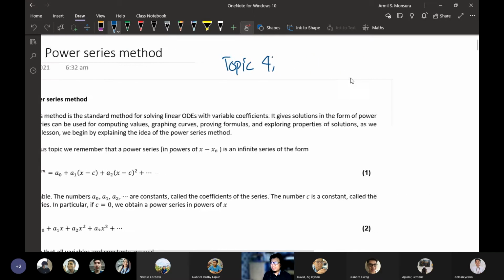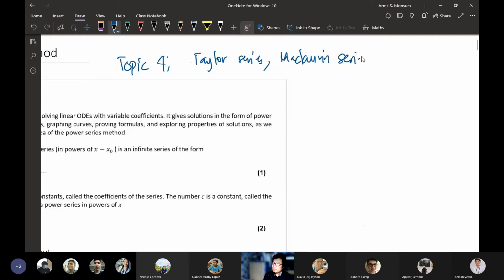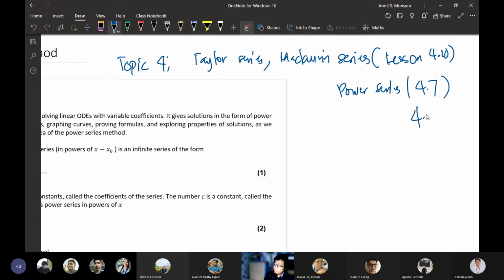But what is important is for you to learn Taylor series, Maclaurin series, which is I think covered in lesson 4.10, and power series, which is covered somewhere in lesson 4.7 yata. Okay? Tsaka yung kasunod, yung topic 4.8. So these are the topics na talagang critical dito sa part na to.